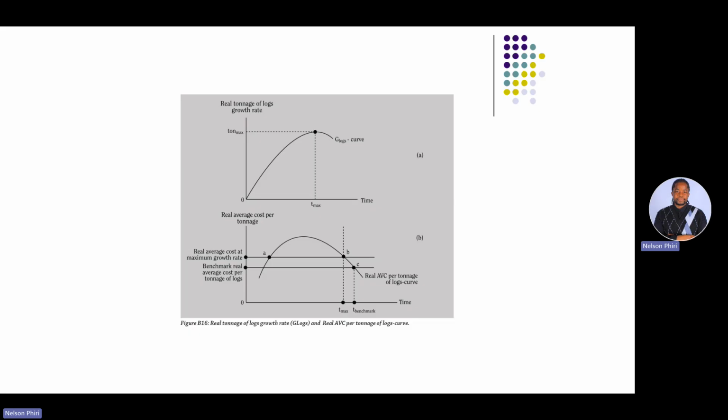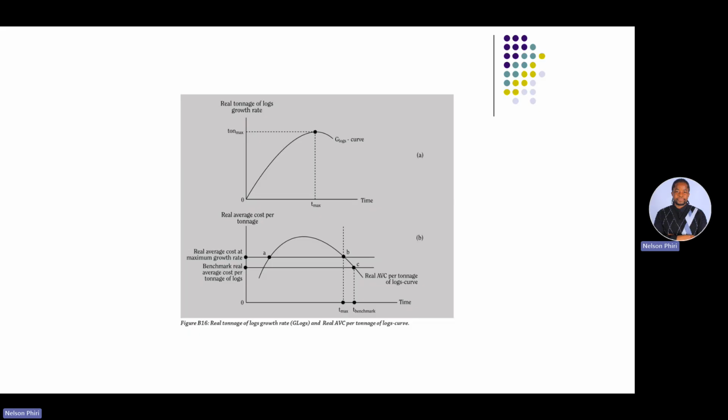The situation that is described there is a hypothetical plantation where we are growing our timber for a given period of time. When it reaches maturity, then logging can occur. So obviously there are initial costs that we have to bear in mind, like establishing the plantation, maintenance cost of the plantation, working cost.